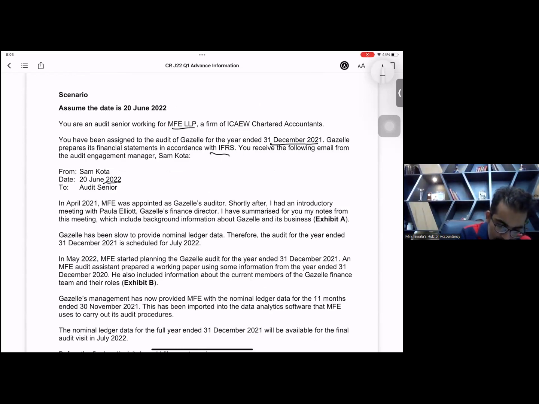This is the date. In April 2021, now wait, what's your accounting period for this question? Your accounting period is ending 31st December 21, so it is 1st January 21 to 31st December 21. Now, in April 2021, MFE was appointed as Gazelle's auditor.